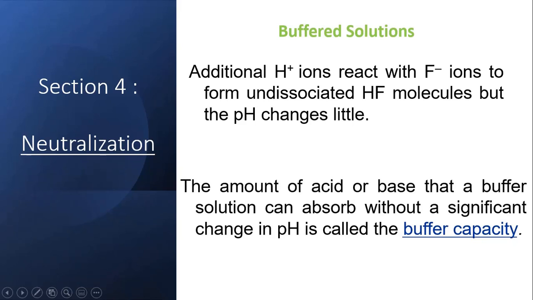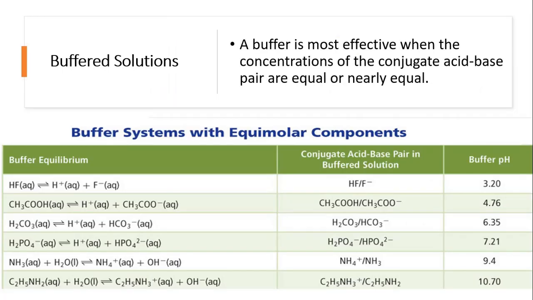So what is the meaning of buffer capacity now? It's the amount of acid or base that a buffer solution can absorb without a significant change in pH. We will call it buffer capacity. We have some examples of buffer solutions, giving you the buffer pH. For example, HF and F negative.